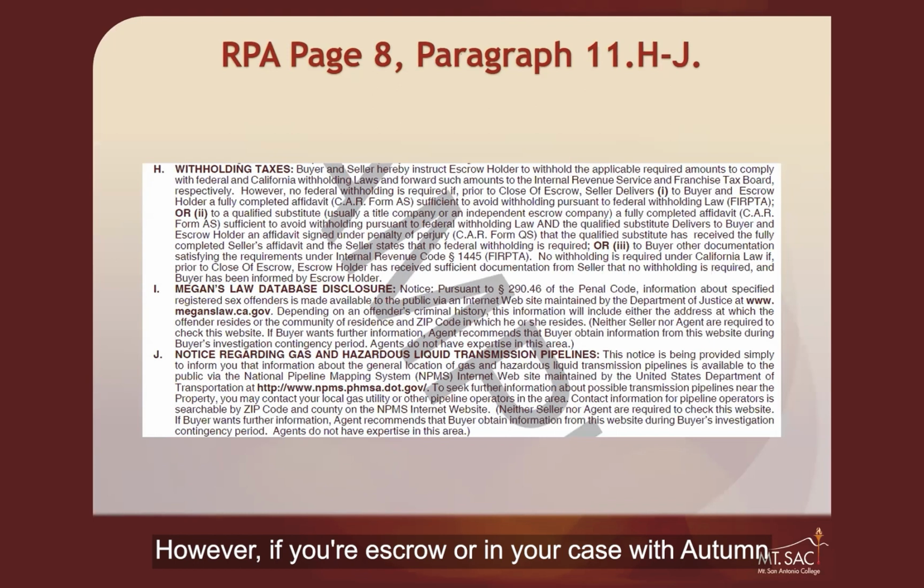However, if your escrow, or in your case with Autumn Sky, Fidelity, can accept the role of a qualified substitute, which means the seller can give their AS form to Fidelity, who will agree to become the qualified substitute.